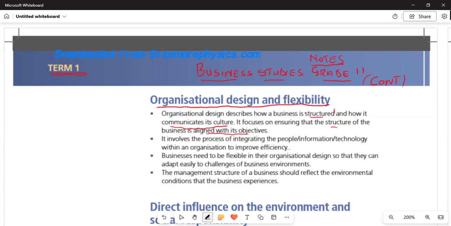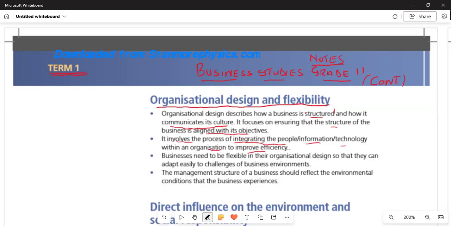And it also says how it communicates its culture. So the goal is to align the structure with the company's objectives and improve efficiency. It involves the process of interacting people, information and technology within an organization to improve efficiency.